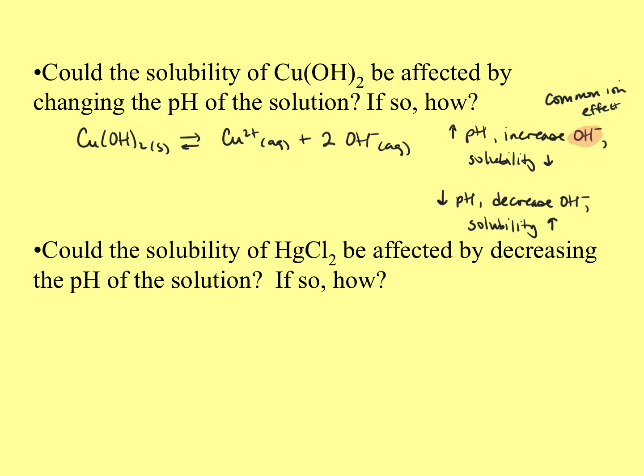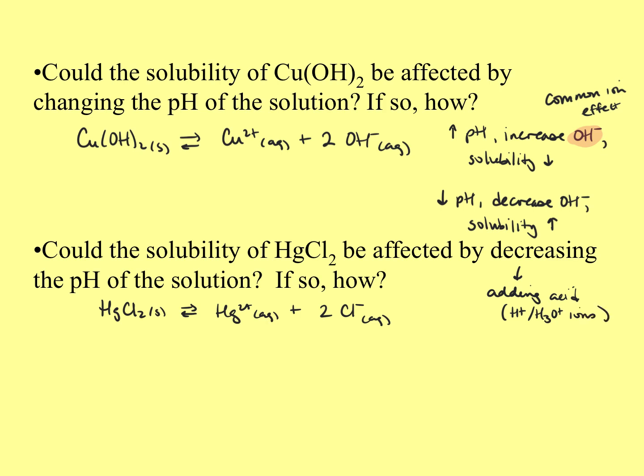Okay, so let's look at the next one for HgCl2. So we write the dissolution equation, giving Hg2 plus and 2 Cl minus. So decreasing the pH, remember, means adding acid, aka H plus and H3O plus ion.